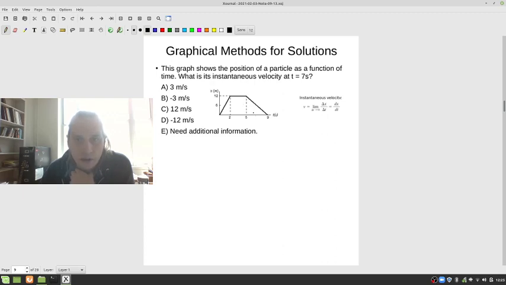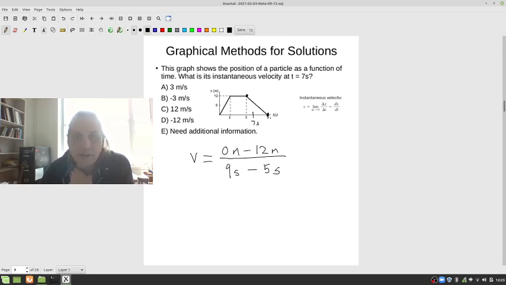Okay, now here's 7 seconds. What is the instantaneous velocity at t equals 7 seconds? Well, v has to be, let's take 2 points where we can really tell it. Final position, 0, minus initial position, 12, over final time, minus initial time.